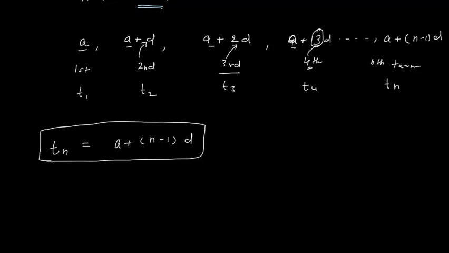Generally your nth term is your last term. So many times this Tn you replace with L, last term. So you can say that this last term L is equal to A plus (n minus 1) times D.